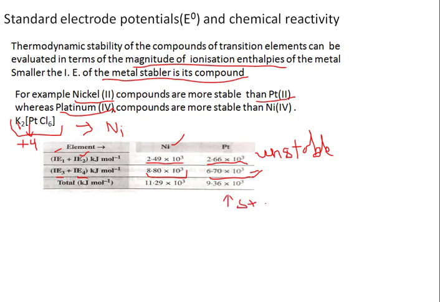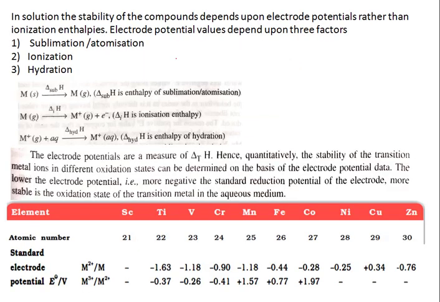Okay, right? So this gives us the stability of the compounds. In solution, the stability of compounds depends upon electrode potential values rather than ionization enthalpies.